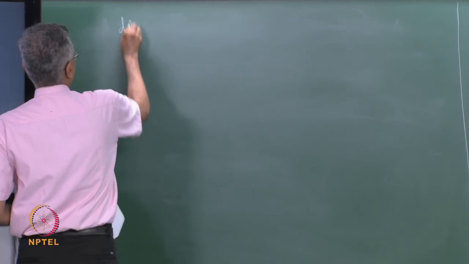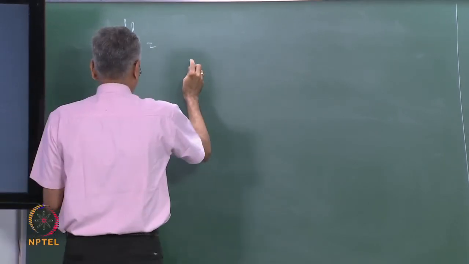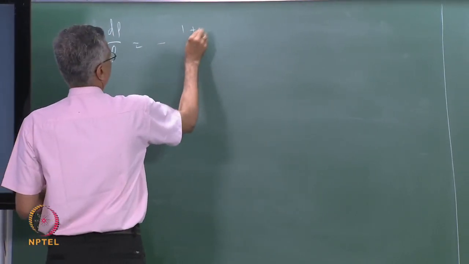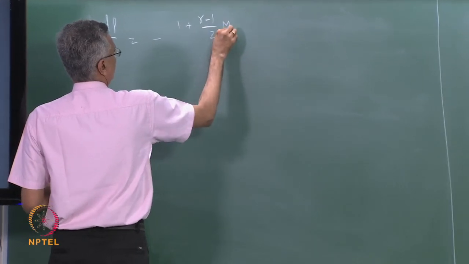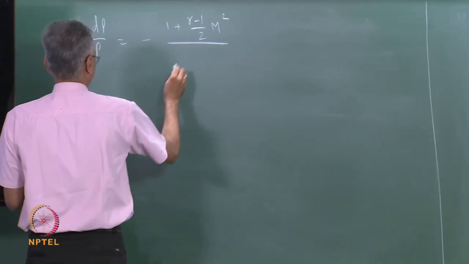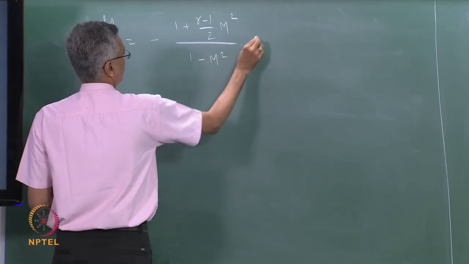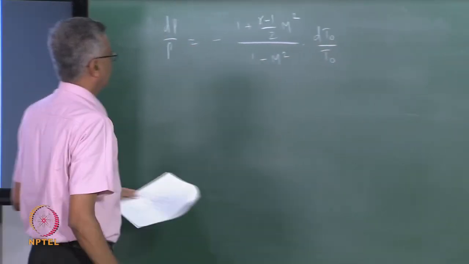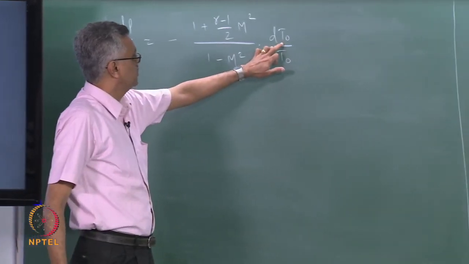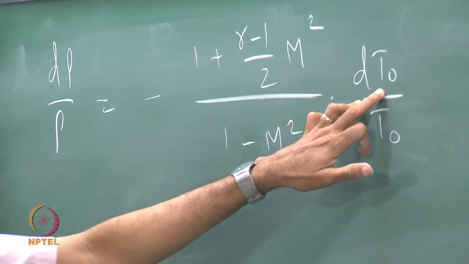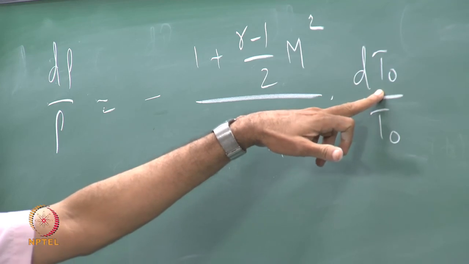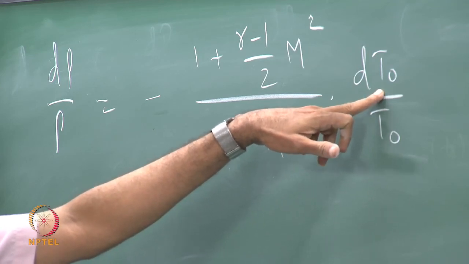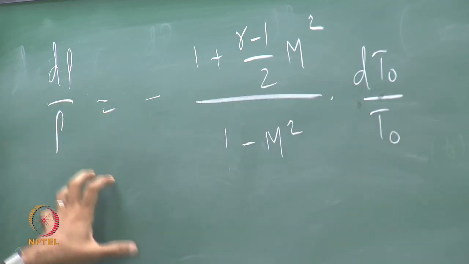I get d rho over rho is equal to, so when the stagnation temperature changes by this amount dT naught, which is the result of an addition of heat which is delta Q, the density changes by this much.